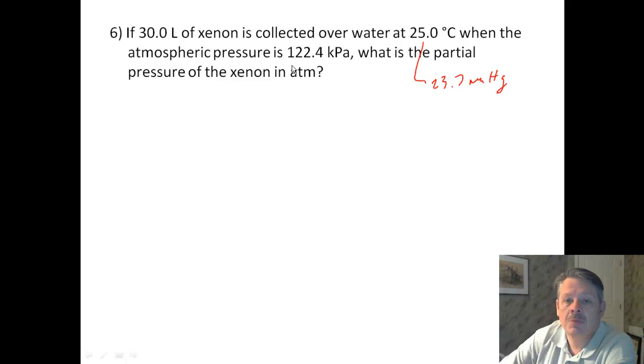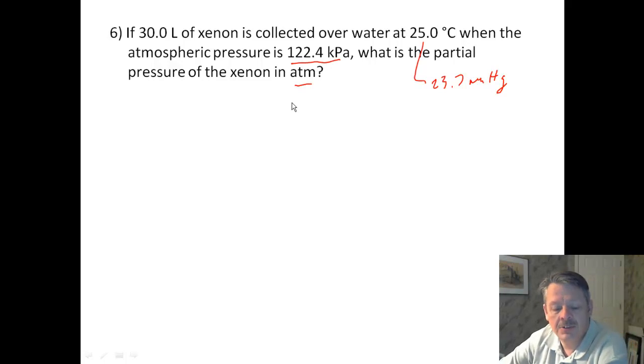And the atmospheric pressure is in kPa, and I'm trying to get to atmospheres. All right, well, let's just do it in kPa. It really doesn't matter. We have to do it in something, right? Folks, you can do this in kPa, in atmospheres, or in millimeters of mercury. Your final answer is going to have to be in atmospheres. So let's do the math in kPa.